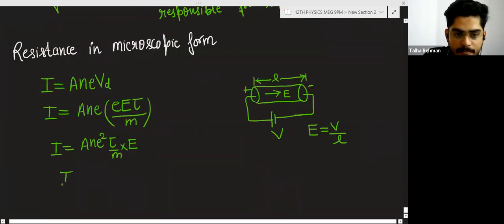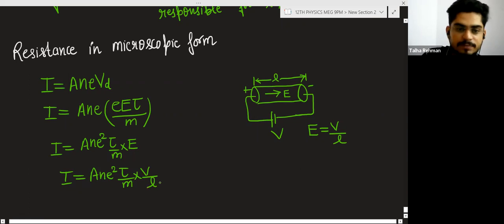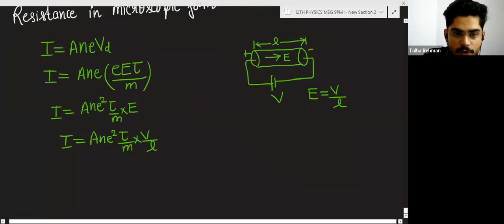So I is equal to A n e squared tau by m, and the electric field is V divided by L. So from here I am writing I divided by V is equal to A n e squared tau divided by m L.